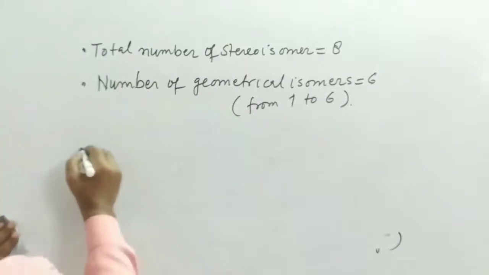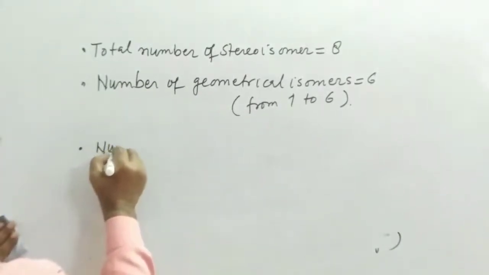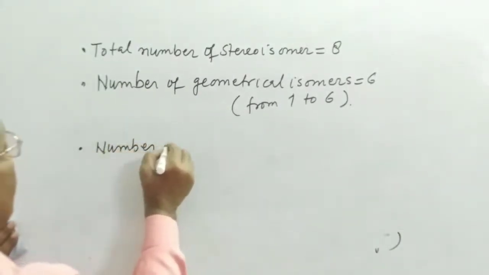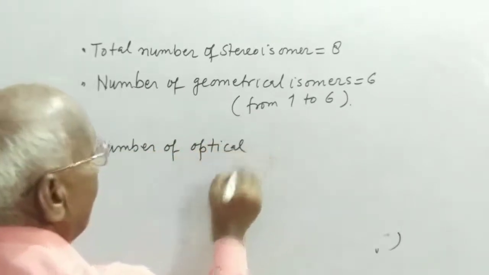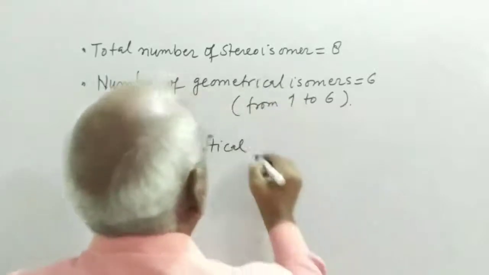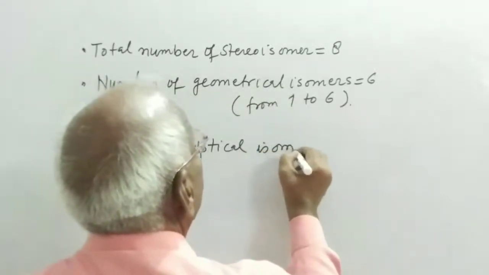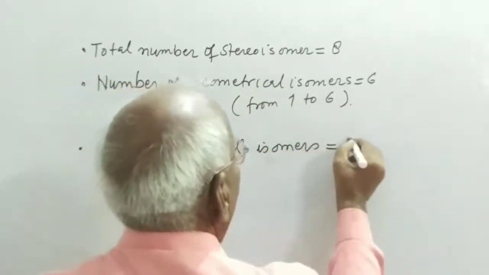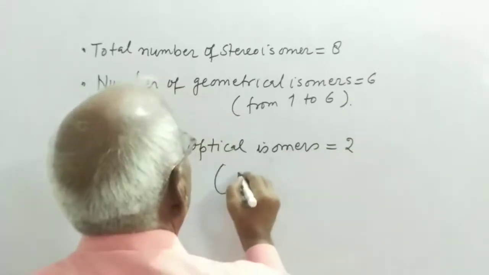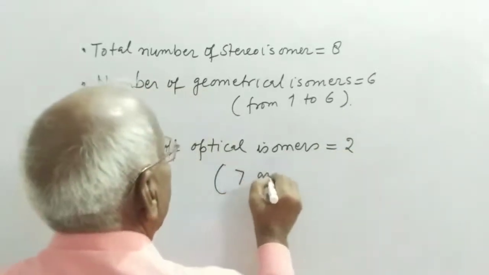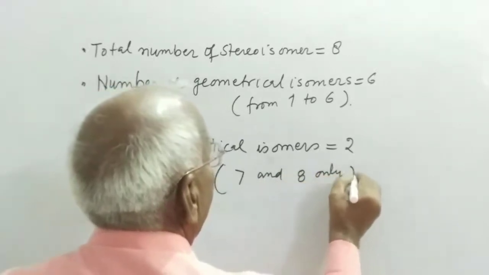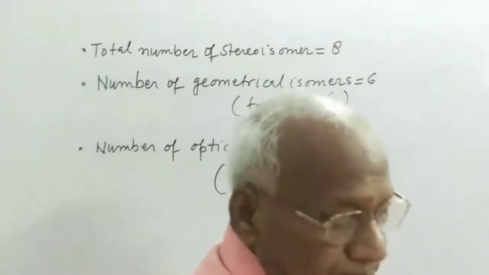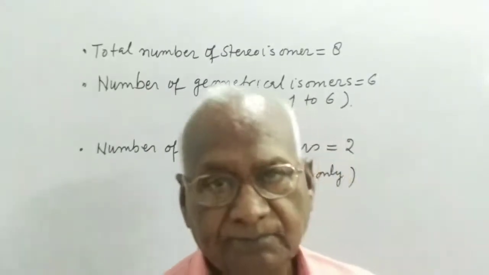The number of optical isomers is equal to 2, 7 and 8 only. So this is the solution of this problem. Thank you very much.